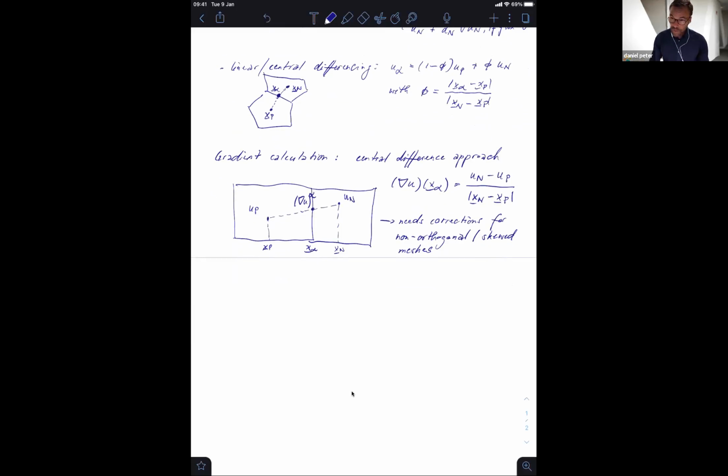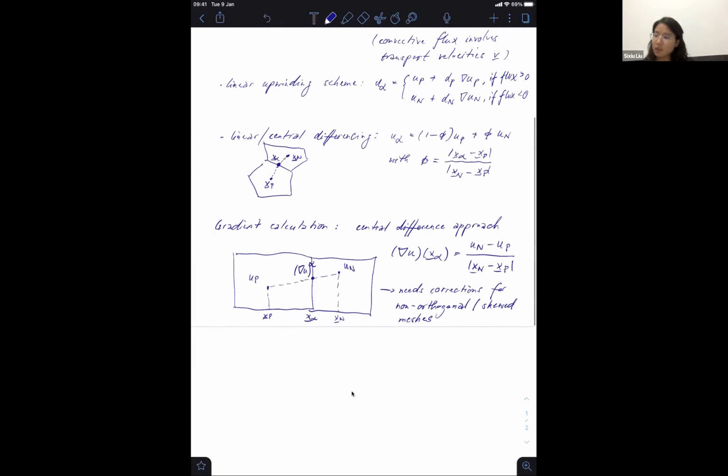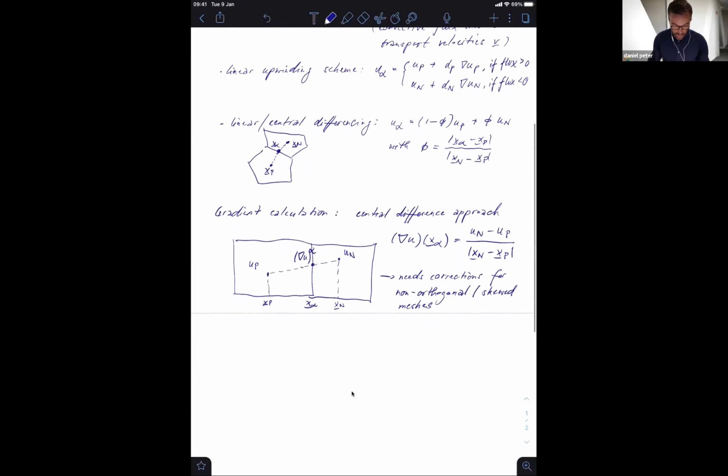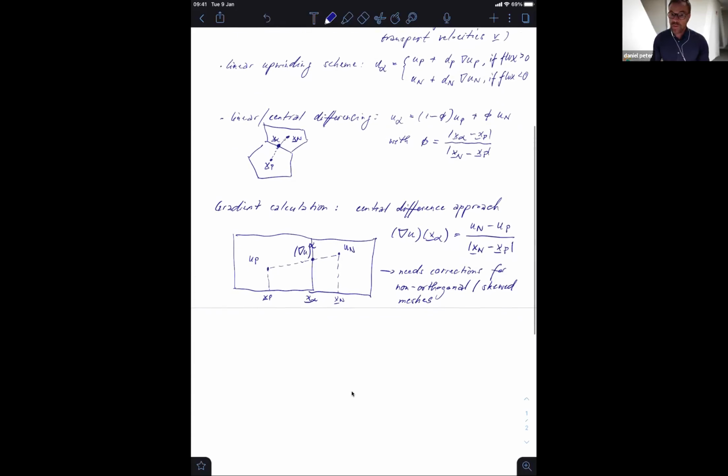Professor? Yeah? I noticed that only in the linear upwinding scheme should we use the gradient, right? So, in the right, let's look at the linear upwinding scheme. There we do have, for example, these gradient terms, UP and UN.